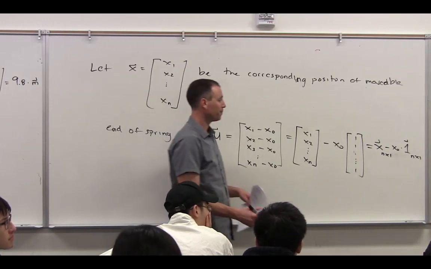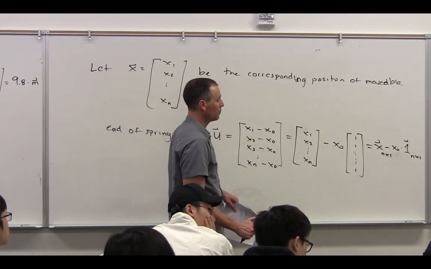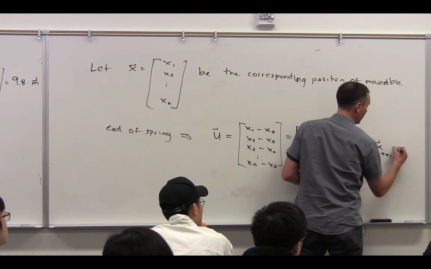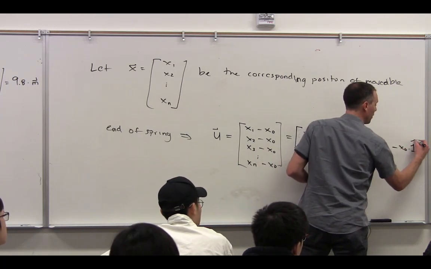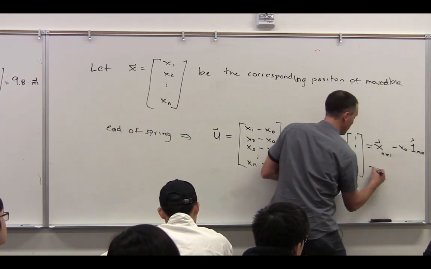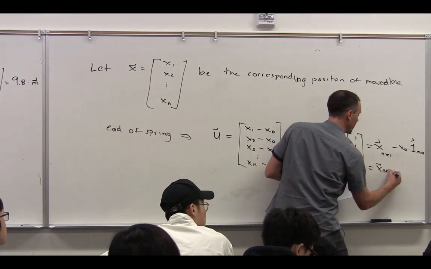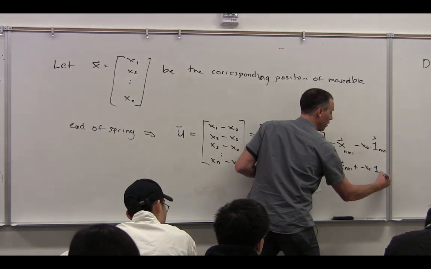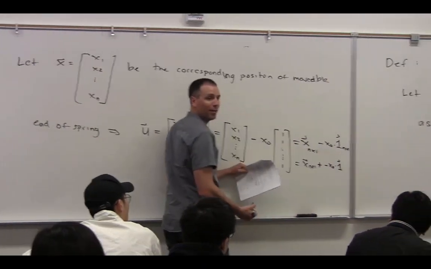Is it an addition problem? Yeah, you are correct, you can always say that this is actually x times 1 plus negative x naught, which is a scalar, times that vector, right?